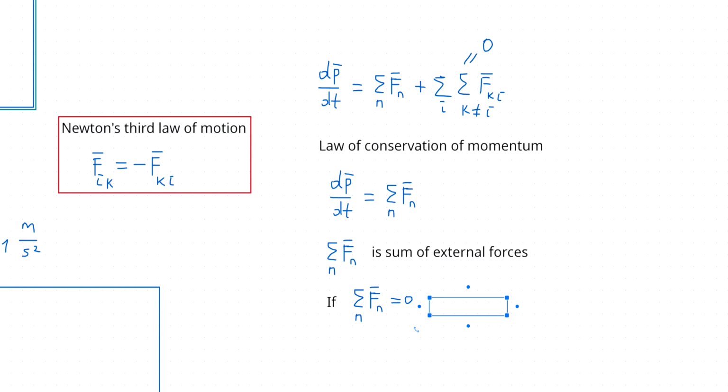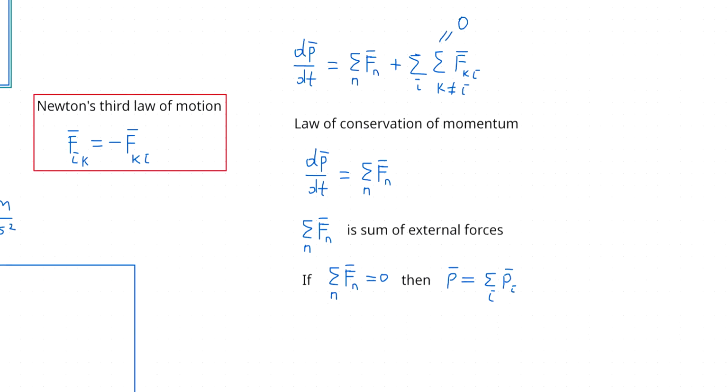when p, the momentum, which is equal to the sum of momentums of material points of the material system, and this can also be written as the sum of m_i v_i, is equal to some constant.